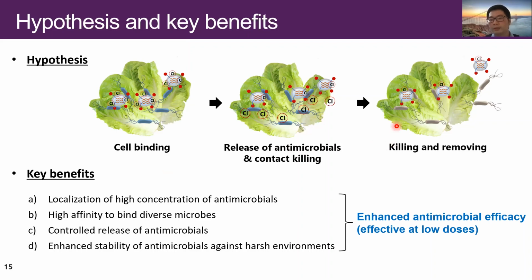Once they kill the bacteria, because of the presence of particles, they can enhance the shear stress around the food surface. So they not only kill the bacteria, they can also remove the dead bacteria from the food surface or the food contact surface. That means we can enhance the antimicrobial activity and make the chlorine effective at low doses.